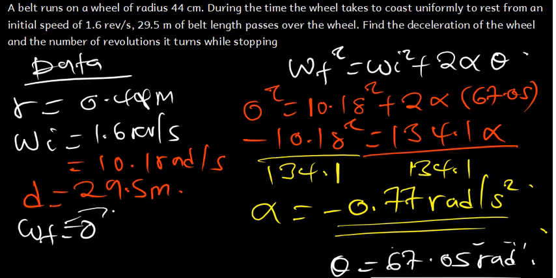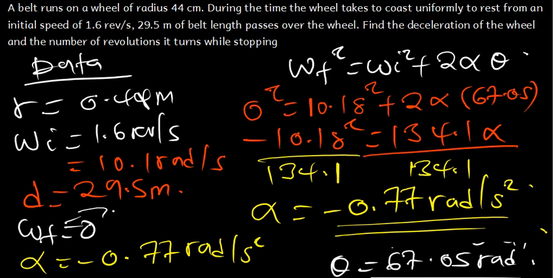The next question is, they want us to find the number of revolutions. So there we go. I'll just put my angular acceleration here: 0.77 rad per second squared. Now the question is, we have to find the revolutions.